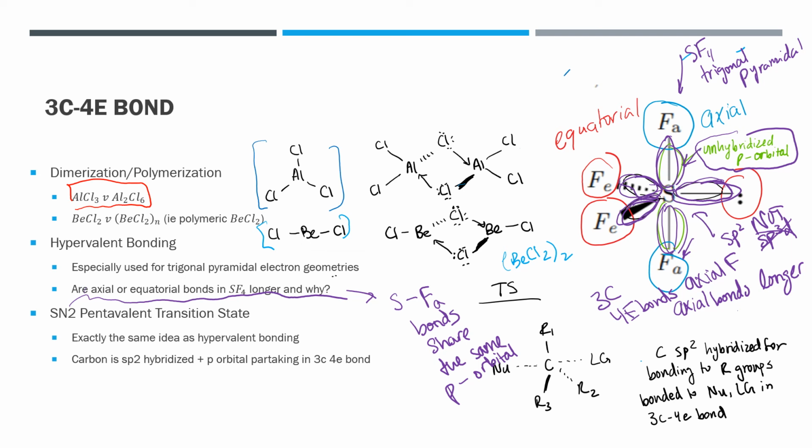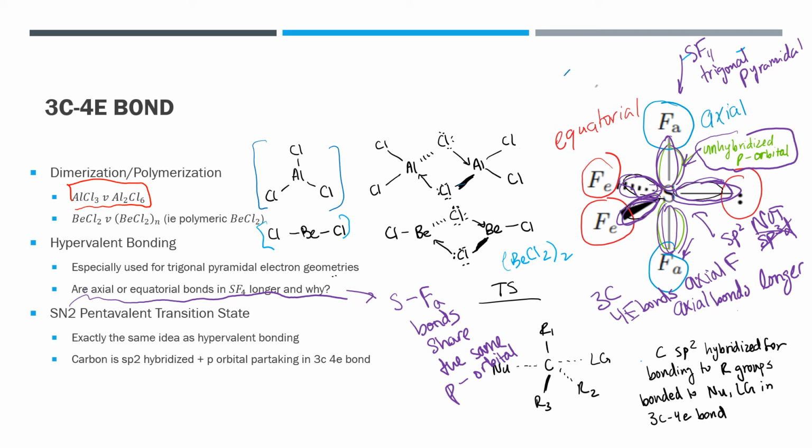The only orbital left that's allowed to bond is our unhybridized p orbital, because the sp2 hybridized orbitals are already bonding with the equatorial fluorines, and a lone pair is in one of those orbitals. So our axial fluorines are both bonding to the same p orbital.